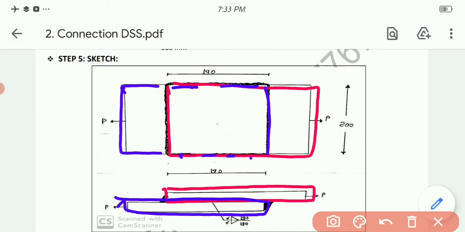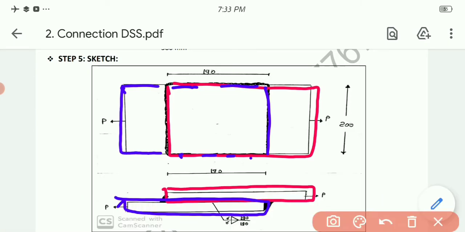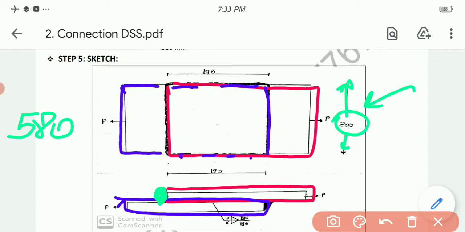One thing is for sure, first let me decide one thing. I will provide one welding over here of this length. This will indicate the width of the plate, that is 200. So out of 580 mm I will use this 200 mm as a welding.